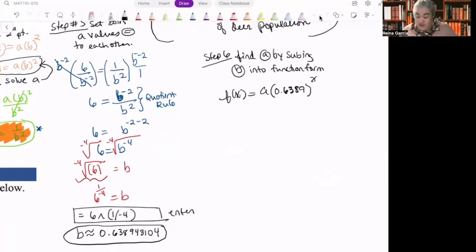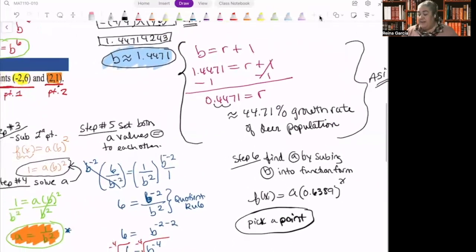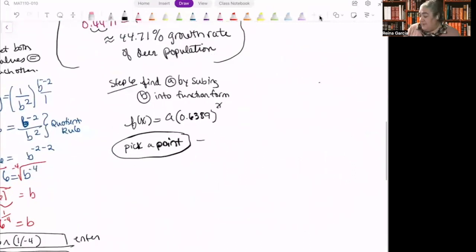Now in step 6, we're going to pick a point. It doesn't matter which one, we were given 2, and they both live on the same exponential equation. I'm going to pick my positive point, which is in orange, 2, 1, and sub it in.